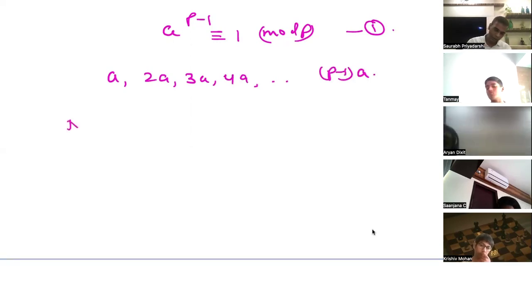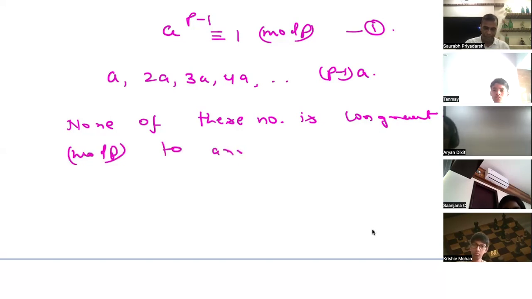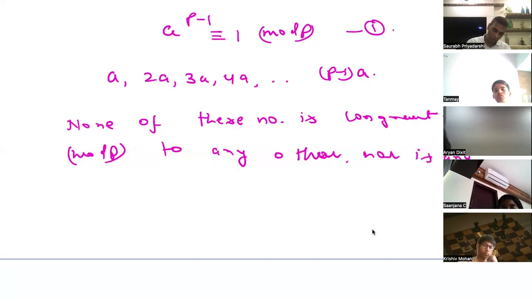First thing, very important: none of these numbers is congruent mod p to any other, nor is any congruent to 0.